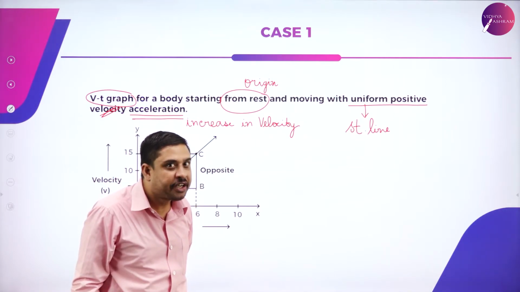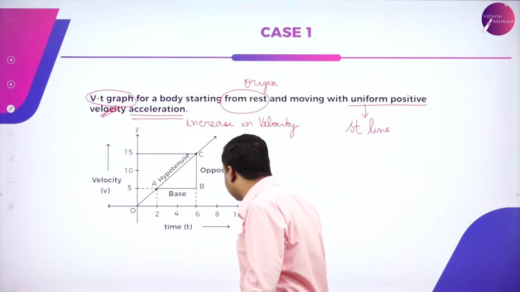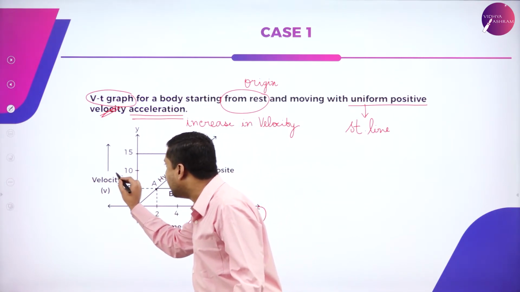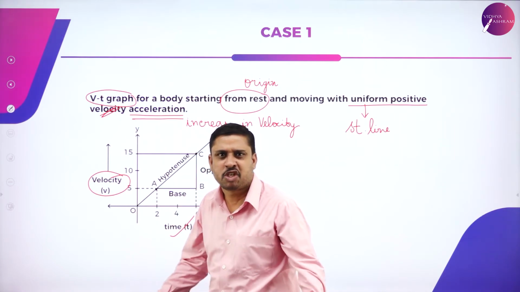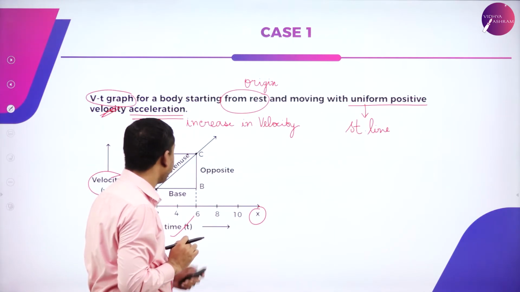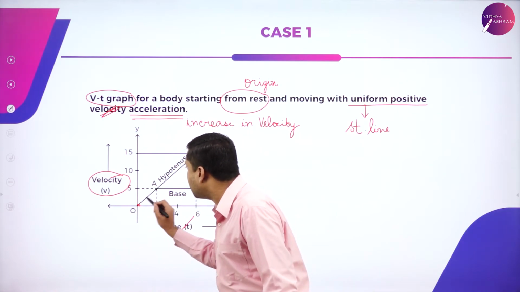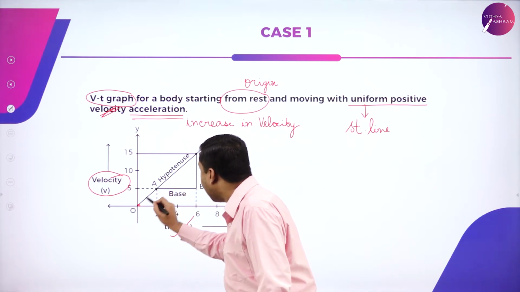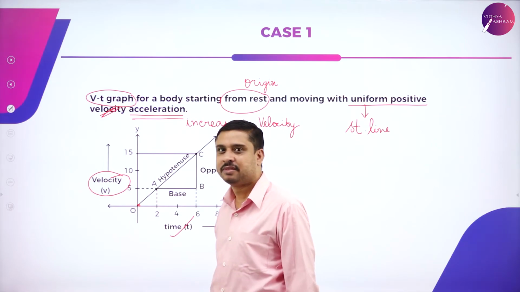So how do we plot our VT graph? Along the x-axis I should have time, and along the y-axis I should have velocity. I have mentioned the origin. Now, it is starting from the origin, and velocity has to increase with respect to time.